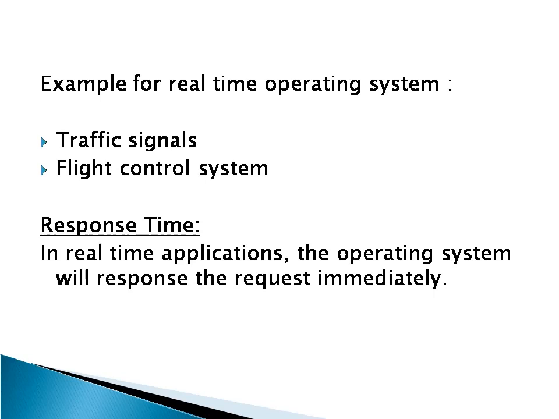The response time between input and output should be very small. It responds immediately. The operating system has to respond quickly. A system is said to be real time if it is required to complete its work and deliver its service on time. So this is the definition of a real-time operating system.